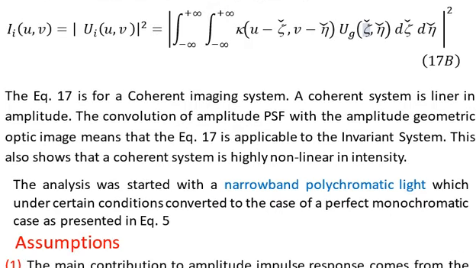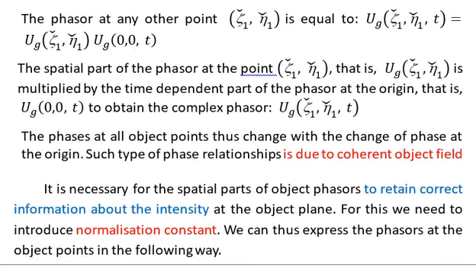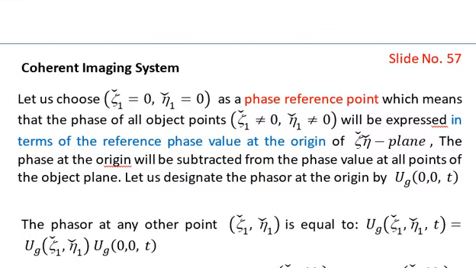So this is the effort we have made: we have converted our coherent imaging case, starting from a narrowband polychromatic light source, and assuming that all the points at the object plane are referenced with respect to the phase at the origin.